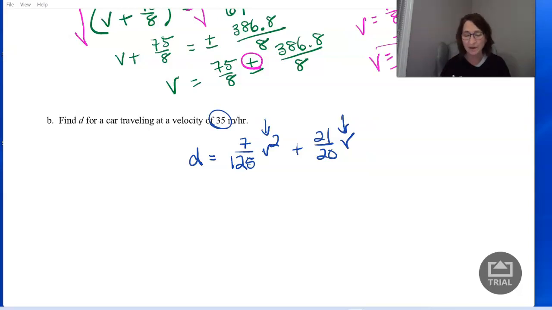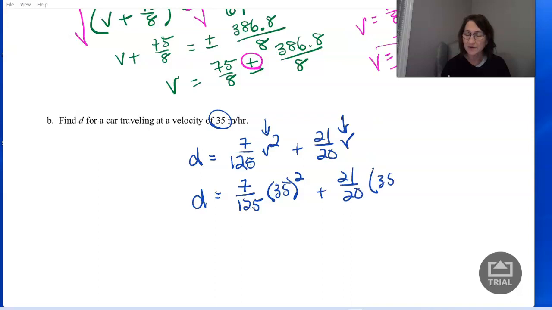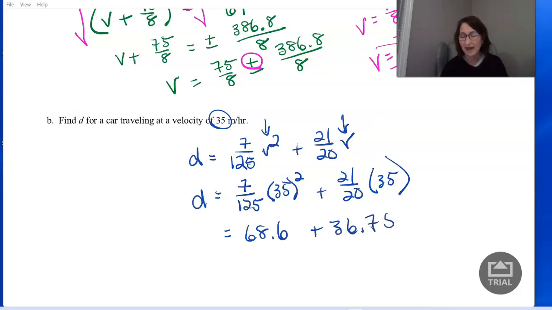So I get D is equal to 7 over 125 times 35 squared plus 21/20 times 35. It's just a calculator exercise at this point. You get approximately 68.6 plus 36.75. Add those together and you get about 105.35 feet. That is our distance.